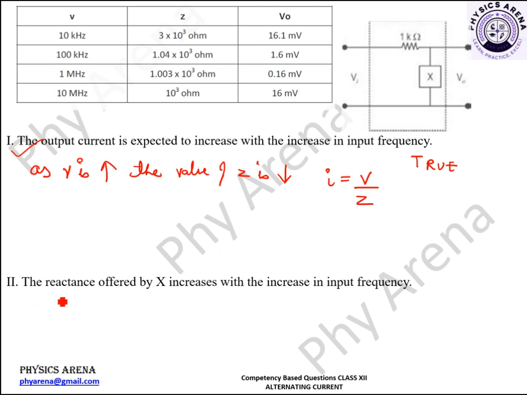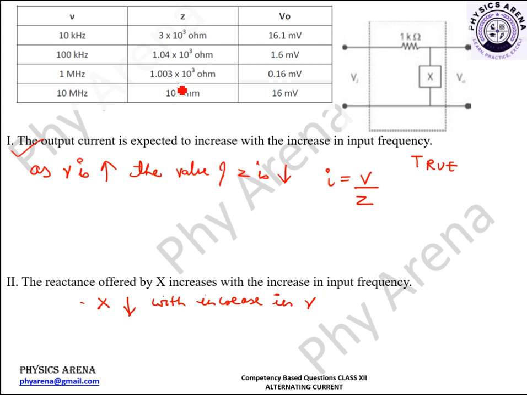Now let's take the second statement. The reactance offered by X increases with the increase in input frequency. So we know the reactance for the circuit X is decreasing with increase in nu.